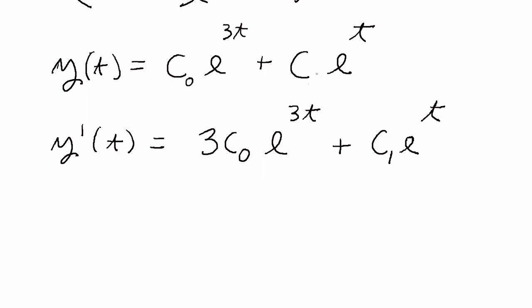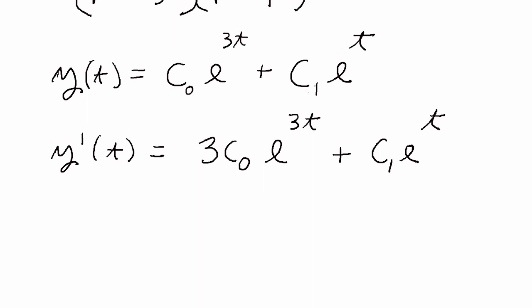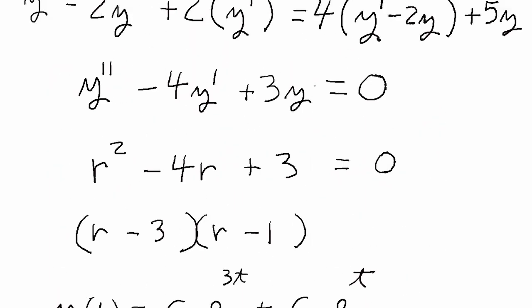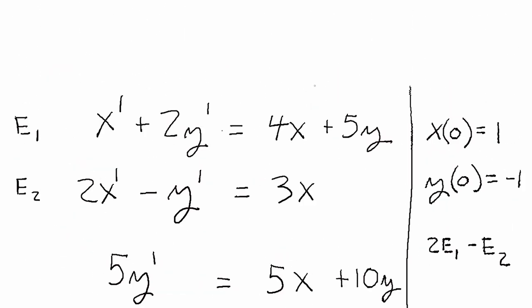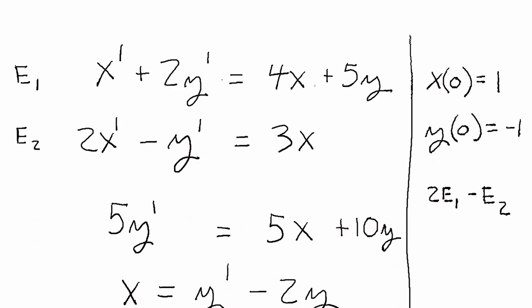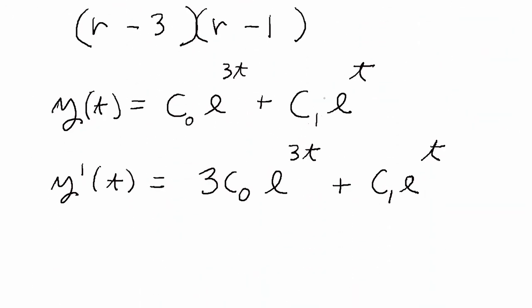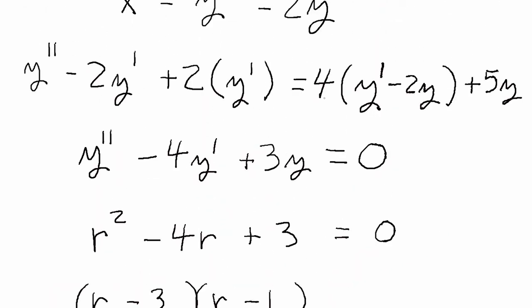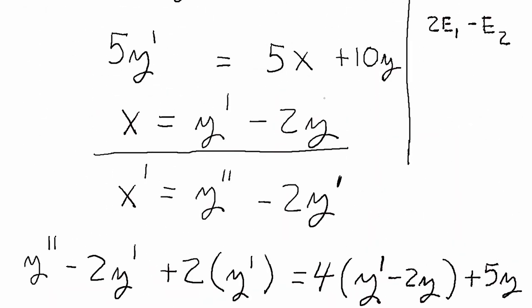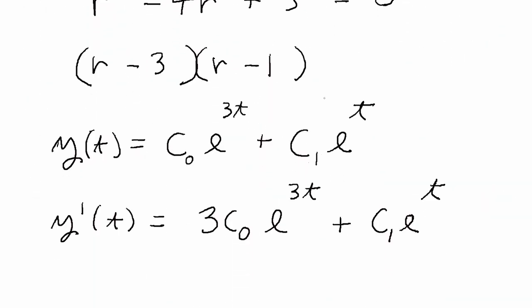Now we want to find our constants by using our initial conditions: x at time 0 is 1 and y at time 0 is minus 1. First let's find x using this equation. x is y prime minus 2y.